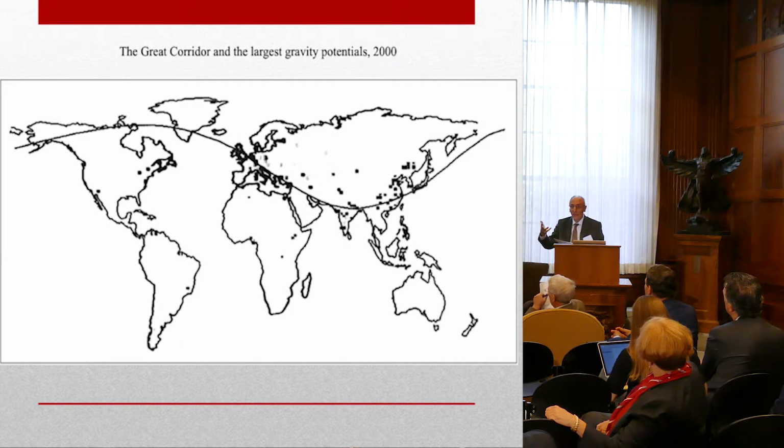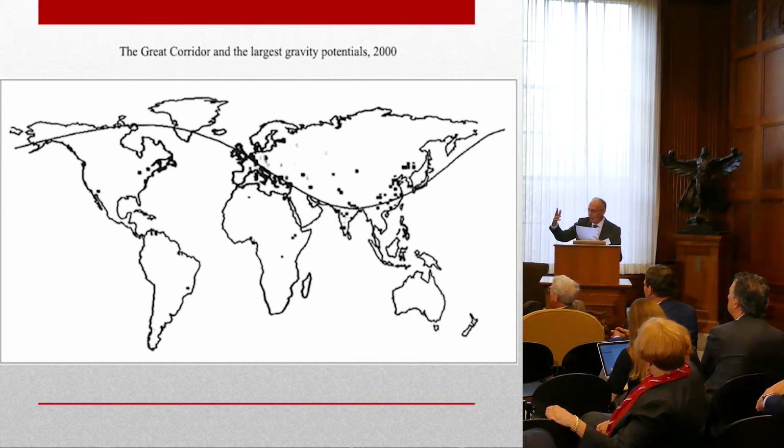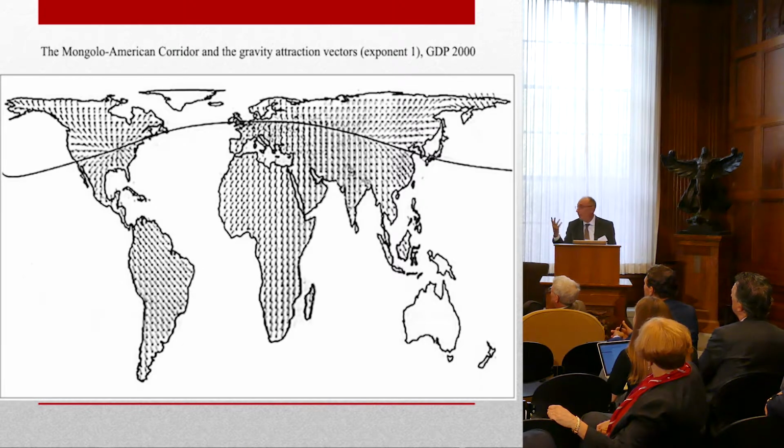So those of you who know about Ravenstein's law of migrations, development leaves traces of population, okay? And so by gravity potentials, we can estimate in a mathematical way the tracing.